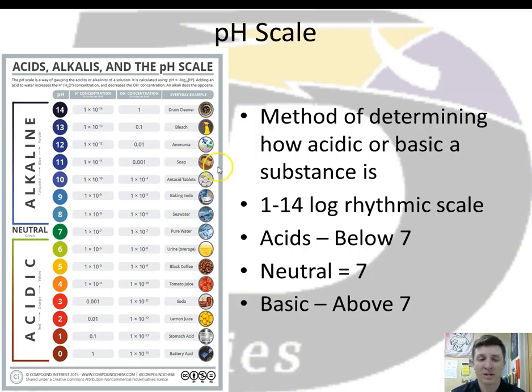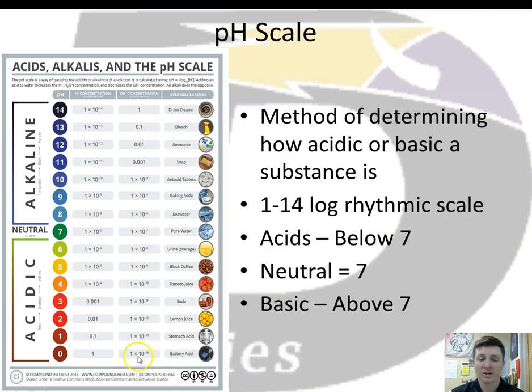Now, if we look here, here's an example of the pH scale. Basically, the pH scale determines how acidic or how what we call alkaline something is. And alkaline means basic. So if we look here, you're going to notice that a pH of 0 is extremely acidic. That's like battery acid. If you have a car battery and you get that on your skin, you're going to feel it burn. But then it also goes up in a logarithmic way.